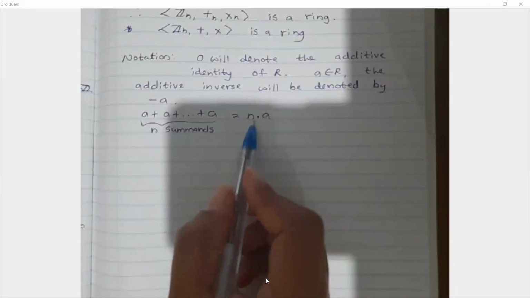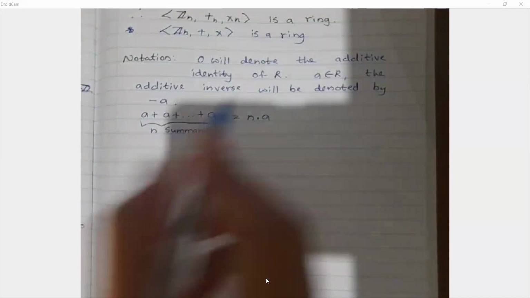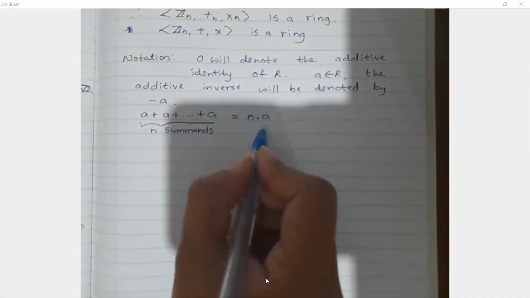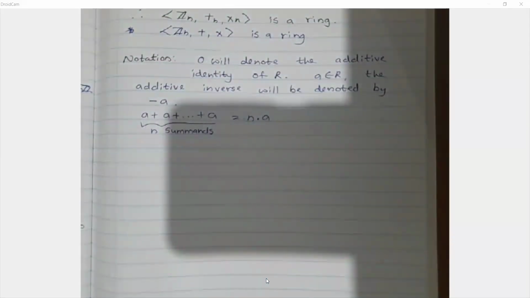We might not even have n as an element in the given ring R. Therefore, this n times A does not necessarily mean multiplication between these two numbers. So you have to be very careful with that.